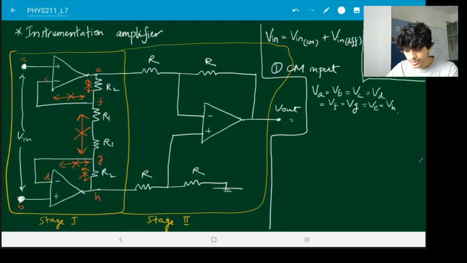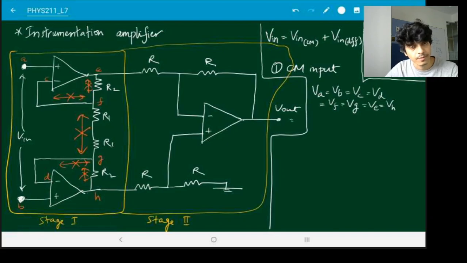So basically everywhere along this vertical line, E, F, G, H, they all have the same potential, and that is also the same potential at terminal A and terminal B where you're giving inputs. What this means is that each of the op-amps over here in the first stage just acts as a voltage follower or the unit gain amplifier circuit, because you're giving an input and that same value of the voltage is coming out as output also.